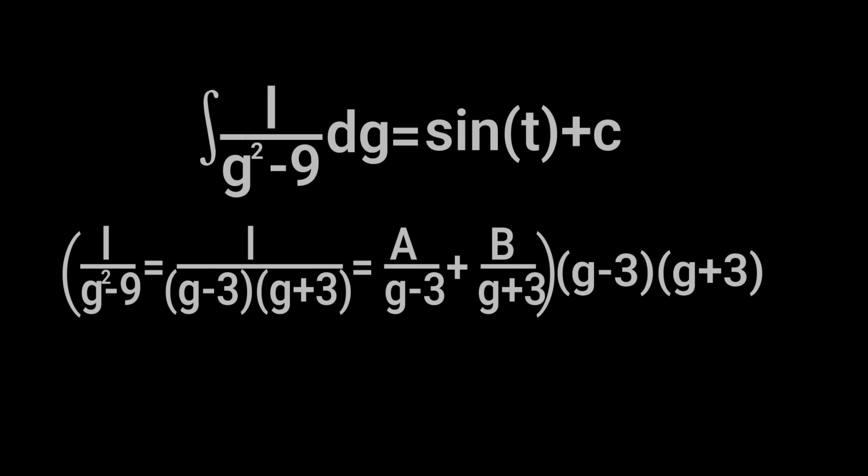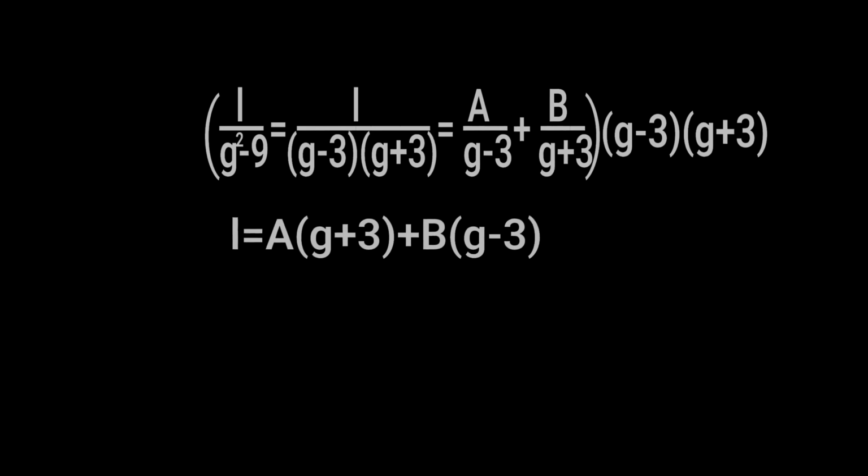In order to clear the denominator, we multiply by (g minus 3) times (g plus 3), and that clears the whole denominator. Now we have 1 equals a times (g plus 3) plus b times (g minus 3).